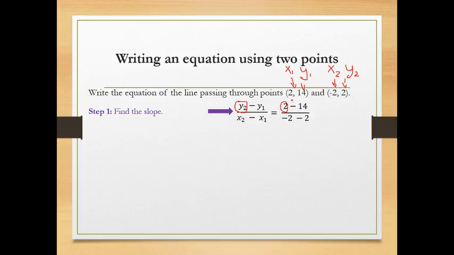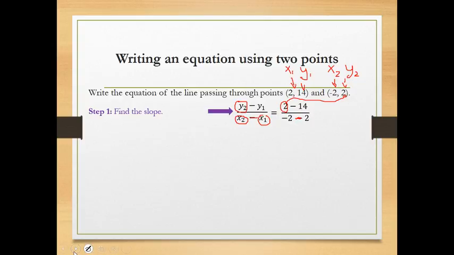So in this case, this 2 is this 2 right here, because it's the y2. And then you can see I'm subtracting, that minus is always there, 14, the y coordinate of the first point. And then I go ahead and plug in negative 2 for my x coordinate of the second point, and I subtract the x coordinate of the first point, so here's the minus, and then I plug in the positive 2.